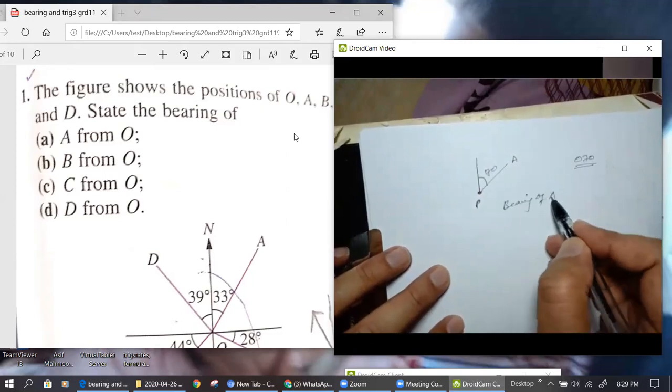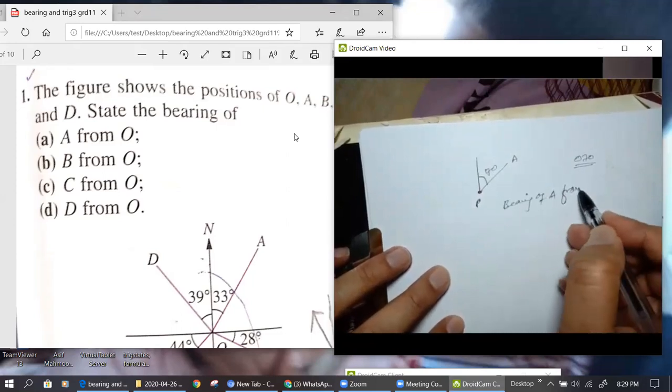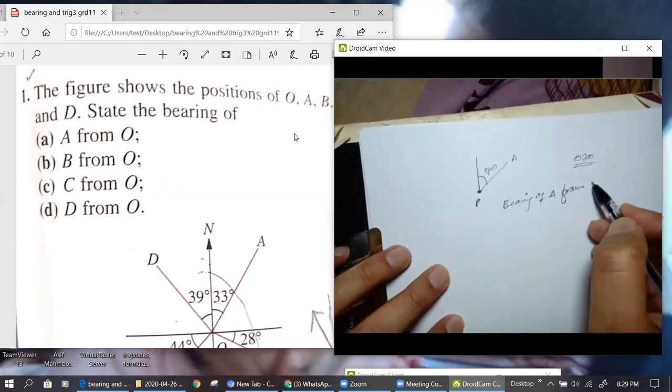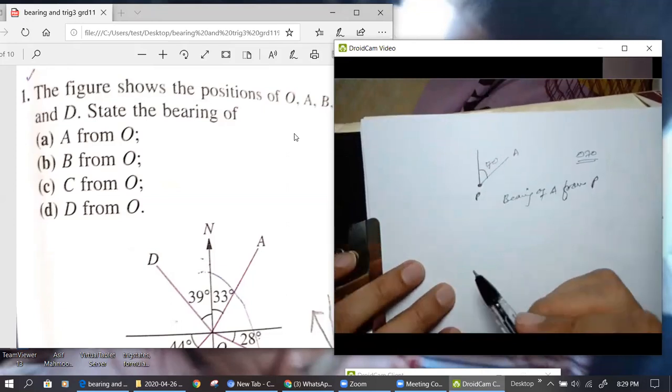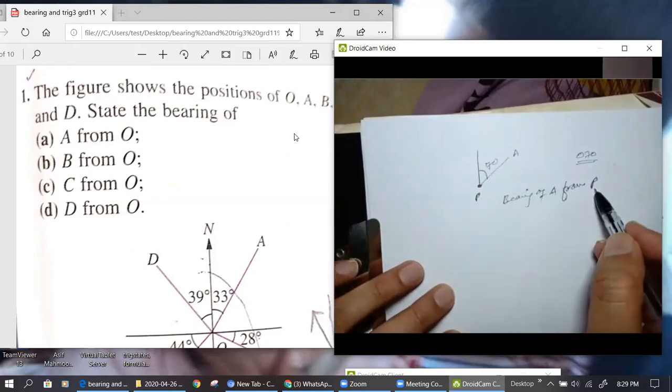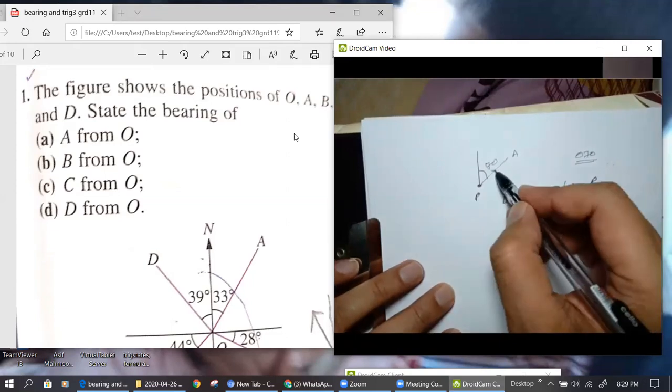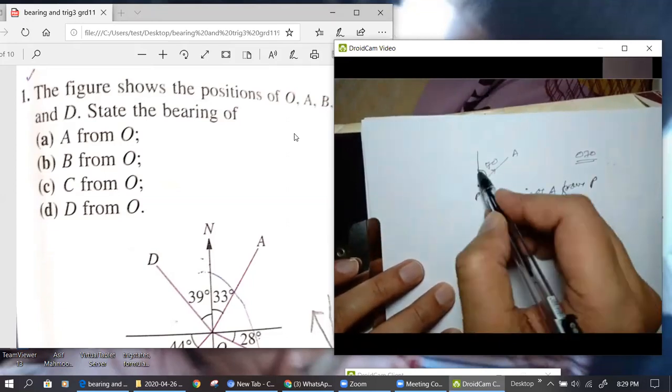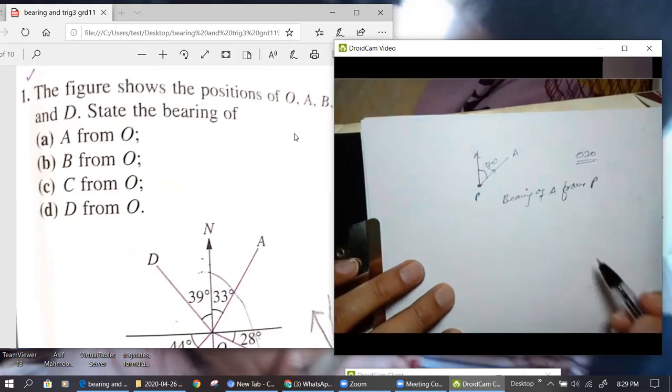Letters are very important in this case. In the case of bearing, after 'from', you are coming from P to A. So P to A, the answer is 70.